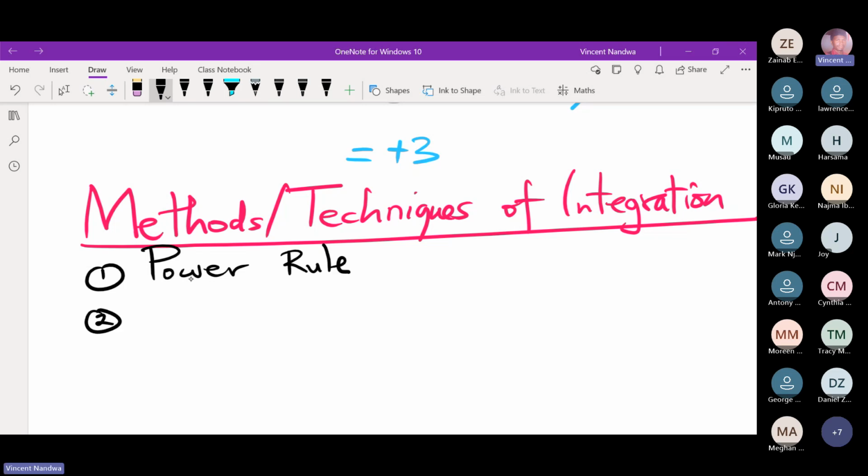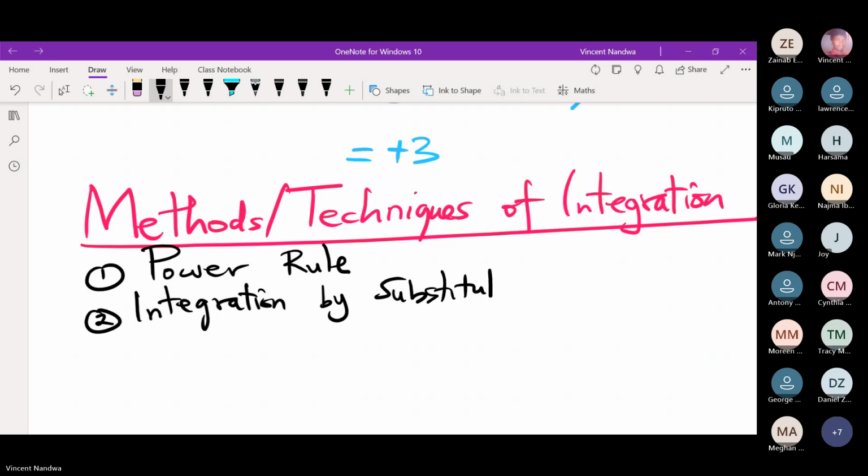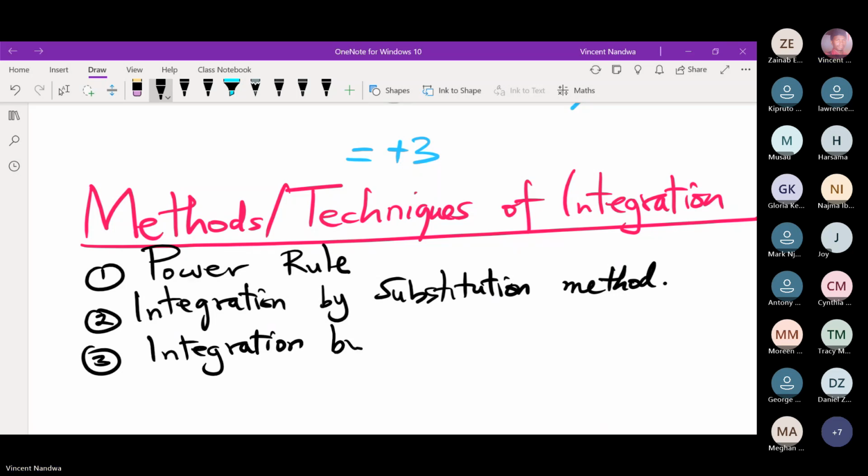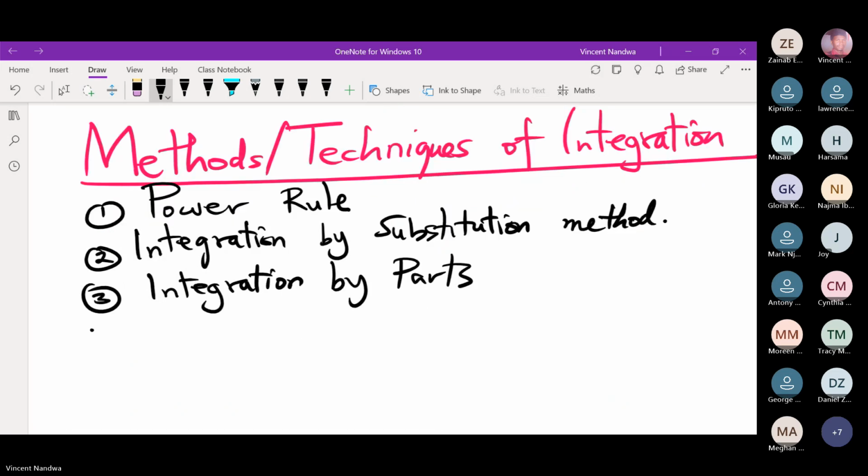The second one is what we call integration by substitution. Then number 3 is what we call integration by parts. Number 4 is what we call tabular integration, which is just another special way of integration by parts.